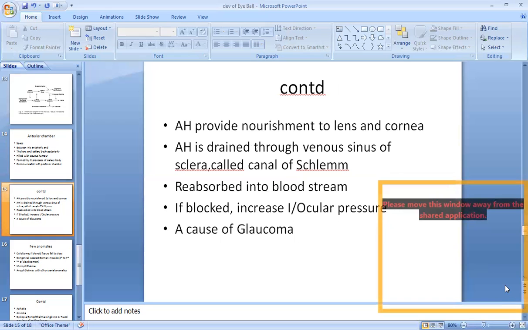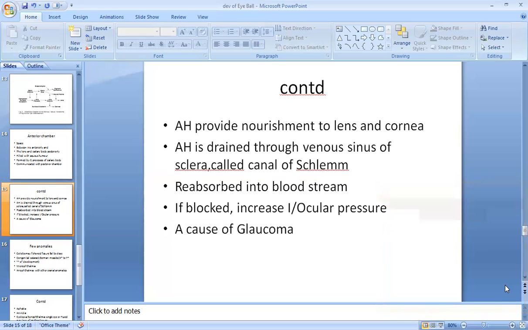The aqueous humor provides nourishment to the lens and cornea, as I told you. It is produced by the ciliary processes of the ciliary body. So naturally, it will be drained somewhere as well. It is drained through the venous sinus of the sclera, which is called the canal of Schlemm, and is reabsorbed into the venous system.